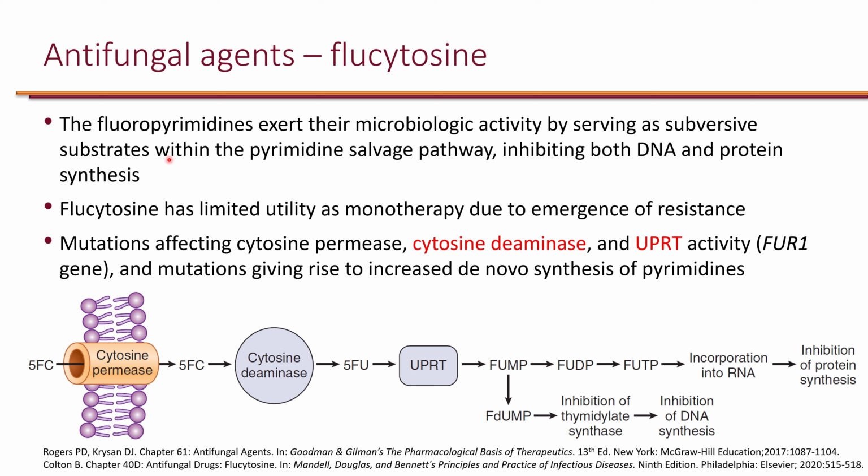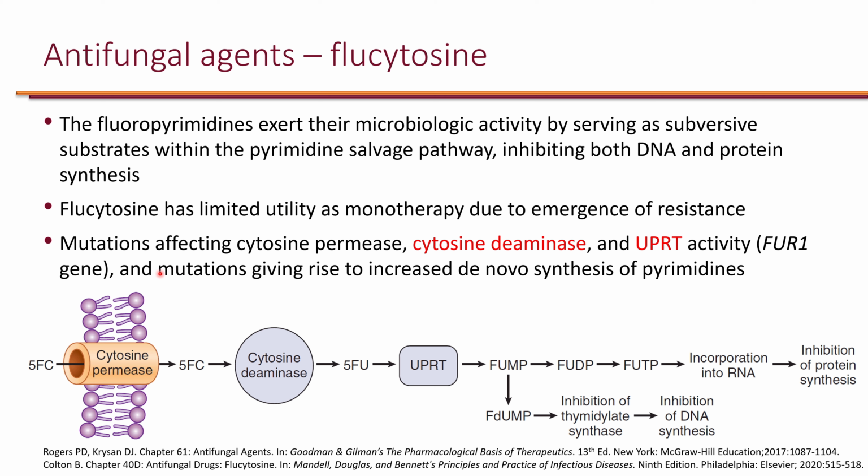So flucytosine actually must first be taken up by fungal cells by the energy-dependent transporter cytosine permease. And then once in the fungal cytoplasm, flucytosine is readily deaminated to 5-fluorouracil by cytosine deaminase. And then following conversion to fluorouracil, its antifungal effects are mediated through inhibition of both DNA and protein synthesis.